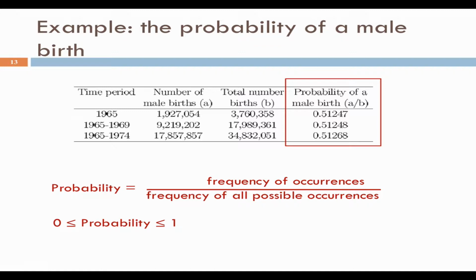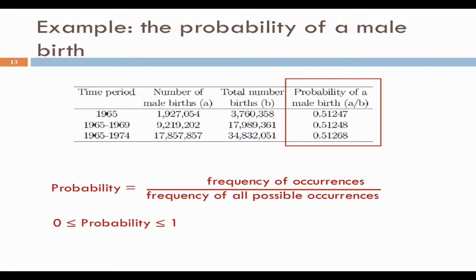In mathematics, if you want to estimate that, it's the frequency of the occurrence of this event divided by the frequency of all possible occurrences of other events. So probability is basically a ratio.